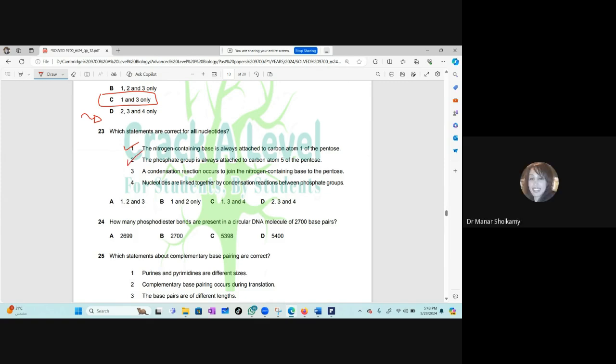Three, a condensation reaction occurs to join the nitrogen containing base to the pentose. Yes, well done. And four is wrong, because nucleotides are linked by phosphodiester bonds, not condensation reactions between phosphate groups. So 23 is A.